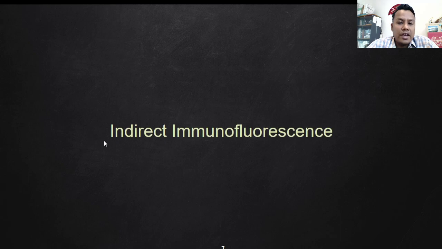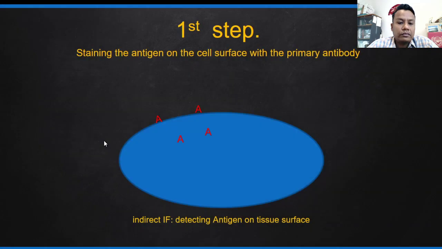For the indirect IF, we begin with staining the antigen on the surface with the primary antibody. This primary antibody is produced against the antigen, specific to the antigen that we are testing or looking for.